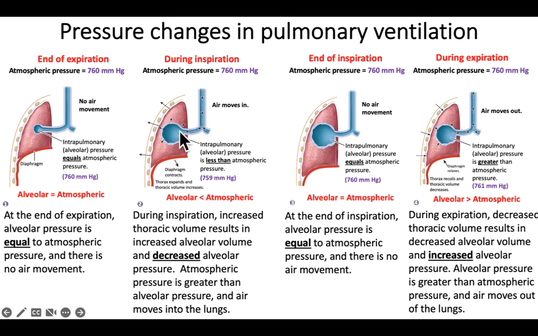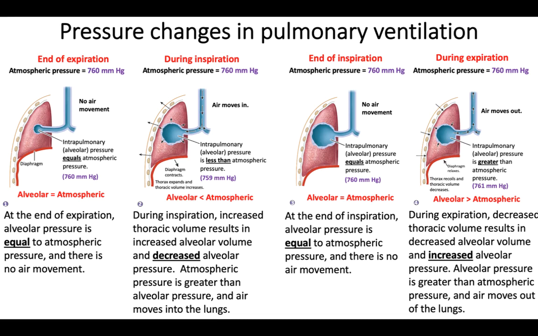Now, as you're getting this lung size bigger, you're also adding more gas to it. So as that pressure wants to drop, you're adding more gas, so it's not going to drop very low. We just need to always keep it lower than the 760. So as air enters, you have to keep making those lungs larger if you want that air to continue to enter the lungs.